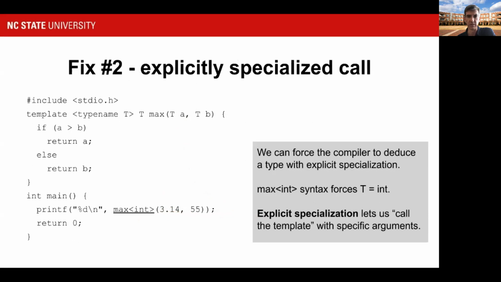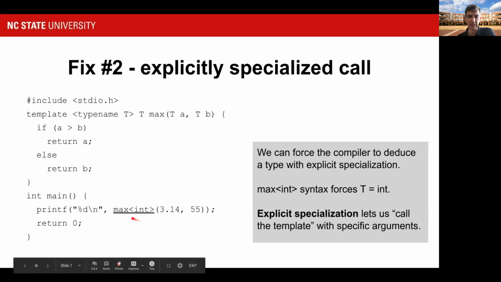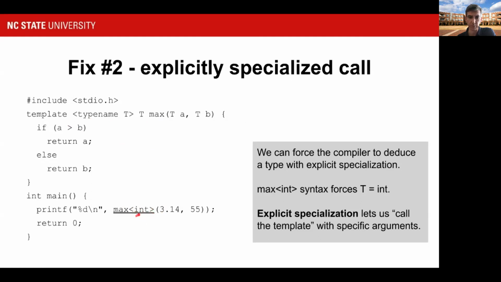Another way we can fix it is by explicitly specializing the call. Basically, after this name, max, since max is a template, we can tell the compiler what we want it to deduce by putting the name of that type in brackets. So I have max, less than, int, greater than. It doesn't mean less than and greater than. Those are just the symbols, right? It's just the brackets telling us what T should be interpreted as.